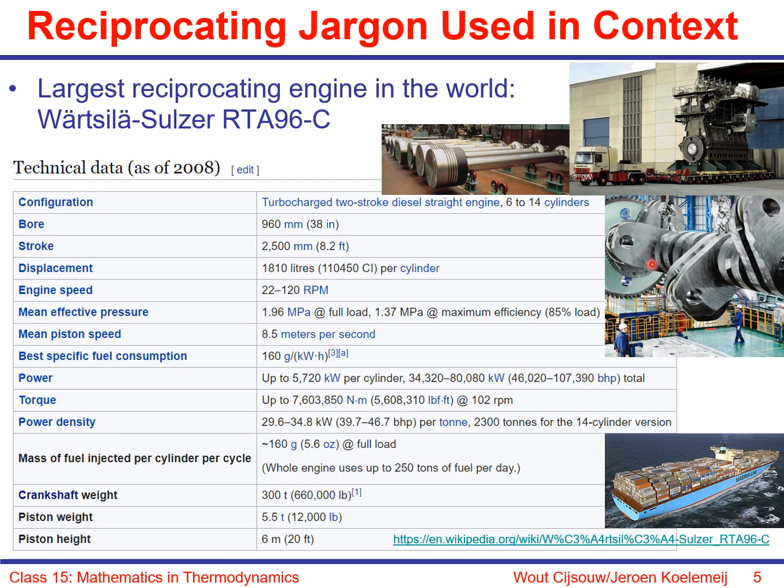And here you see a couple of terms that should look familiar by now. So this is the bore of almost 1 meter. The stroke of the piston is 2.5 meters, and it displaces 1,800 liters of gas. That's 1,000 times more than a typical Volkswagen turbo diesel engine does. Engine speed, well, you don't want to bring that to a dance party because it can't keep up with the average beat.